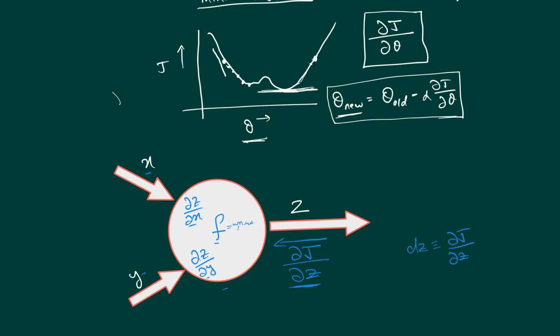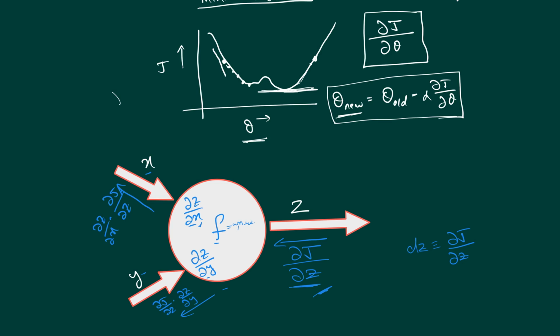So what you would do now is multiply this number, whatever you get, del j by del z, by this local gradient, del z by del x, and you will send it over in this direction. Similarly, out here you will get del j by del z multiplied by del z by del y, and it's getting sent over in the opposite direction.